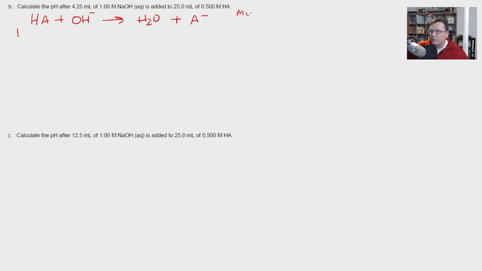To calculate the number of moles of HA, we do 0.500 moles per liter times 0.025 liters. I did that conversion in my head. Liters cancel, and we end up with moles. So we have 0.5 times 0.025.